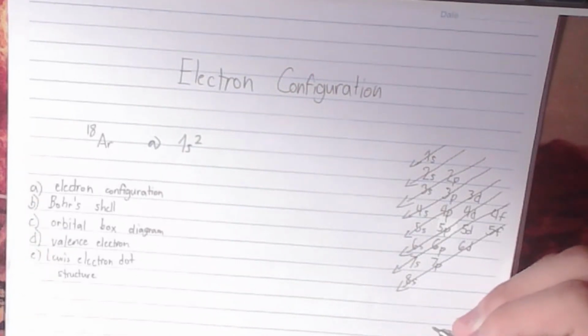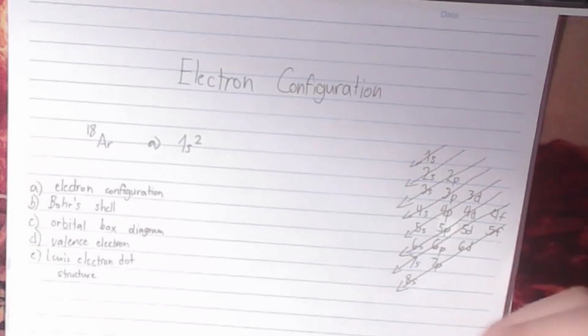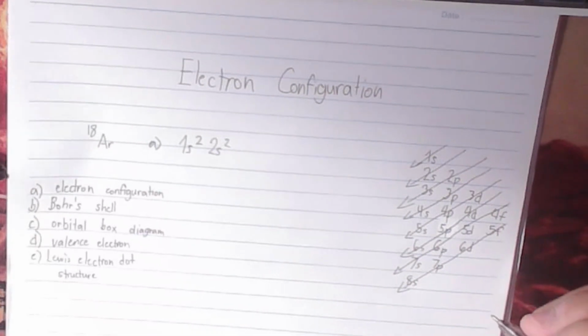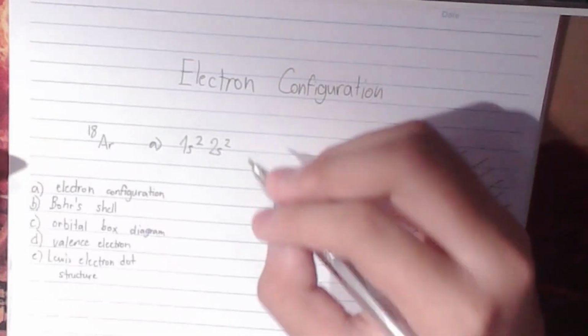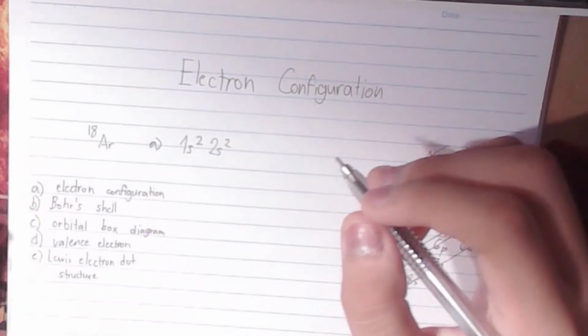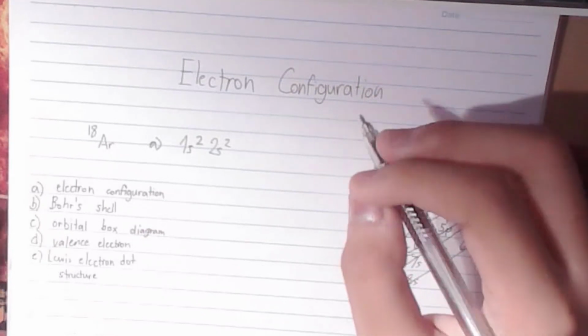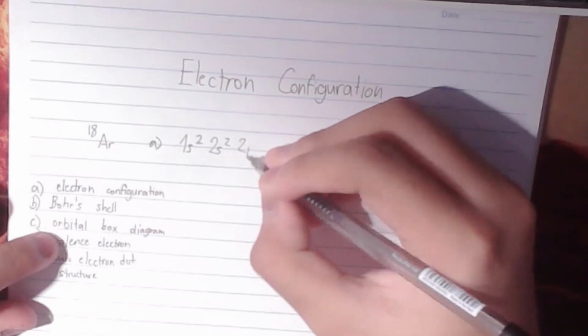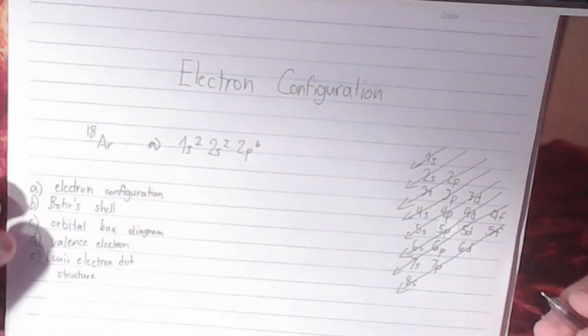So we write down 1s2. What about for 2s? 2s2 as well. And now for 2p, remember that the maximum amount of electrons in a p sublevel is 6. So it's going to be 2p6.